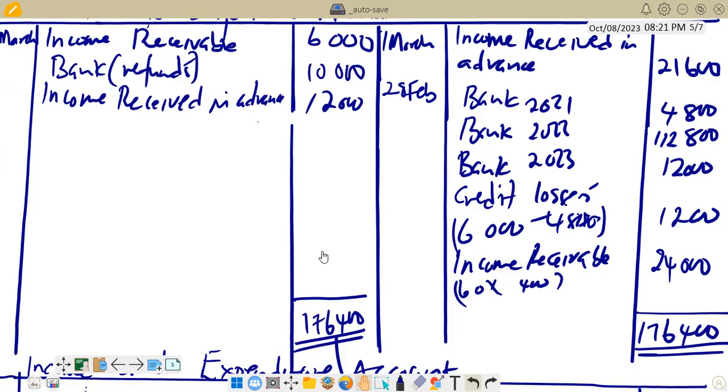If you do that, you get 148,400. Right. So this figure will go to the income and expenditure account. It will be credited now in the income and expenditure account as income.